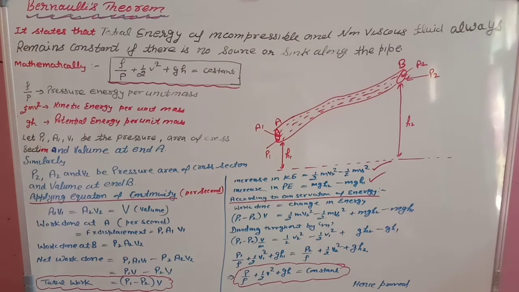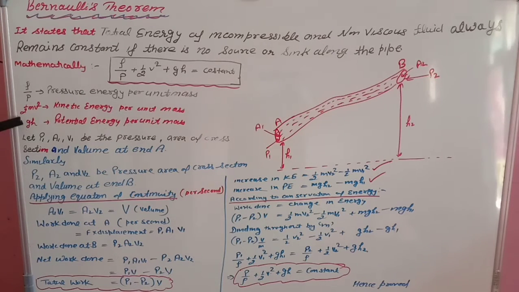The first energy is new for you, P upon rho. We call it pressure energy per unit mass. The second energy you have studied, only m is not here, otherwise it is half mv square, the kinetic energy. That's why we call it kinetic energy per unit mass, since we have divided by mass.